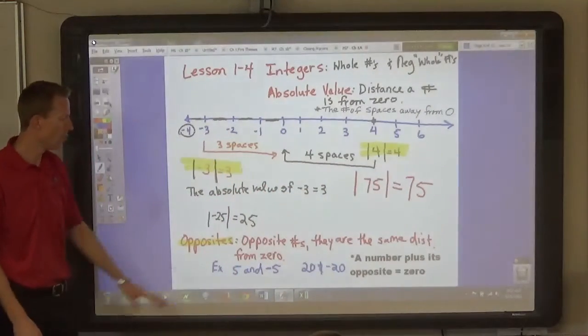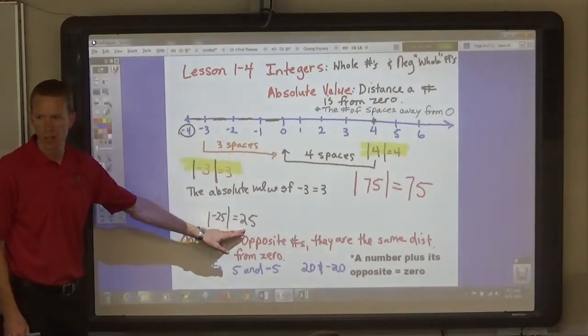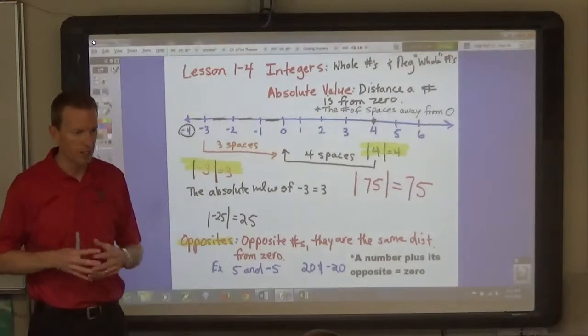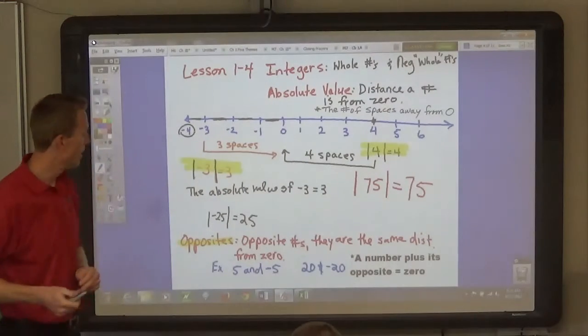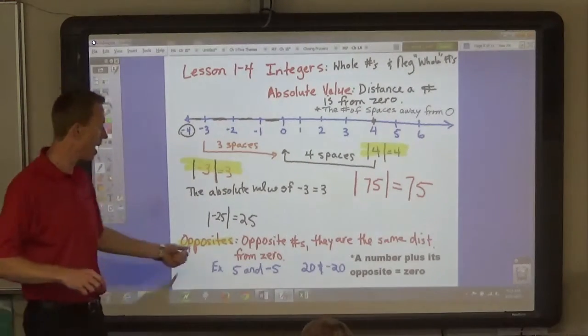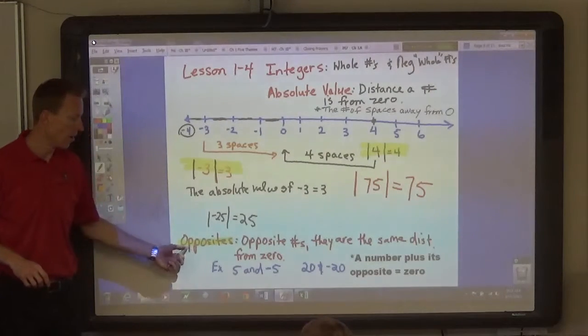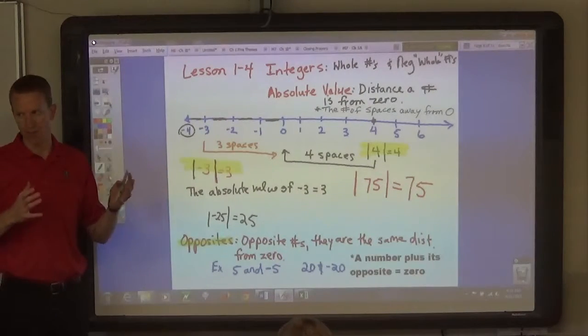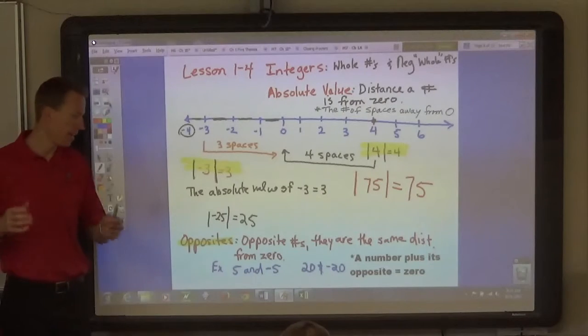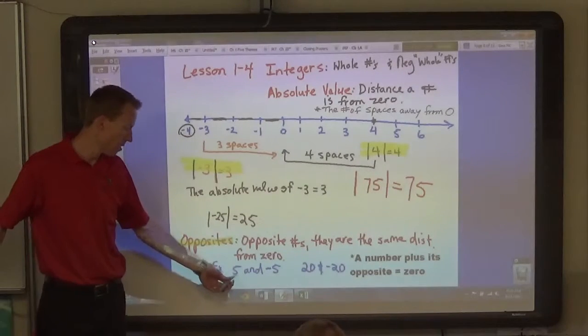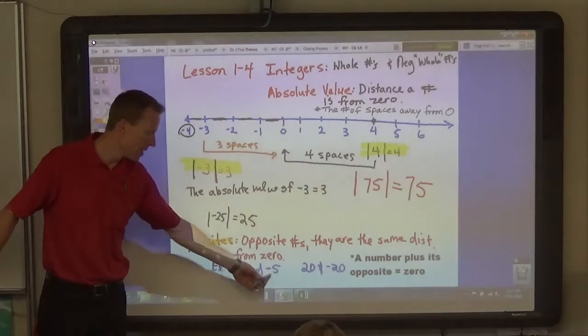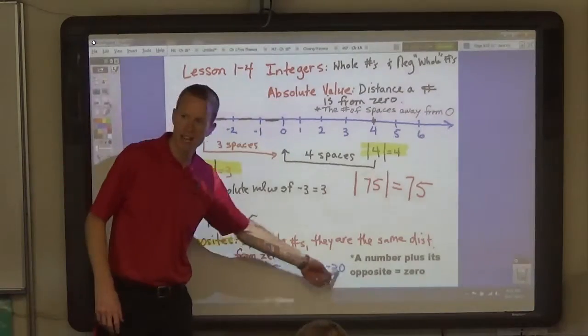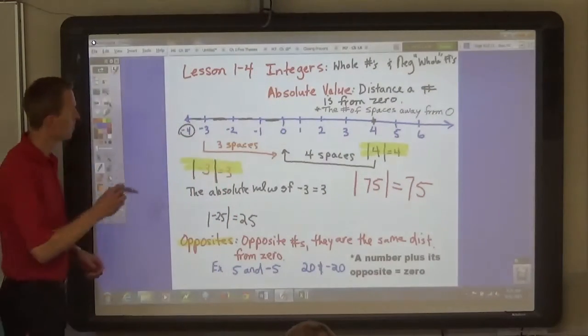And then you might have to use that number and then add it or subtract it or multiply it or divide it. Now opposites are not absolute value. Opposites are positive and negative. So the opposite of 5 is negative 5. The opposite of 20 is negative 20, and so on.